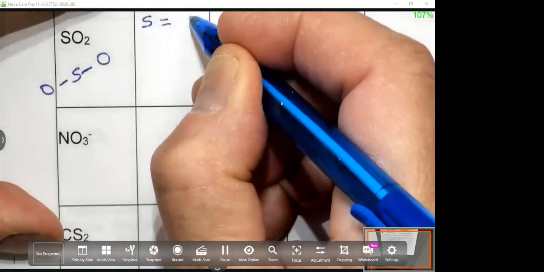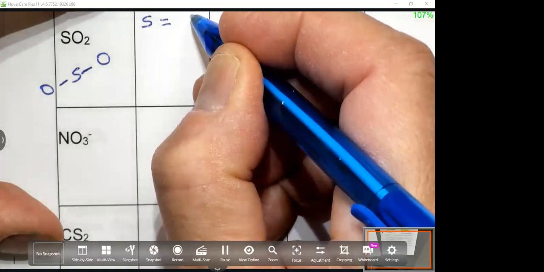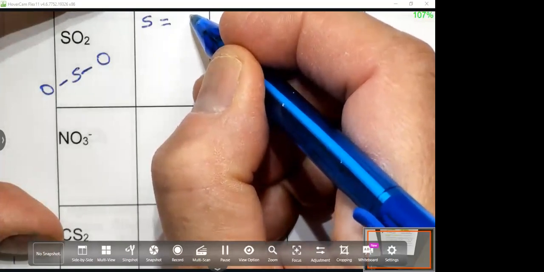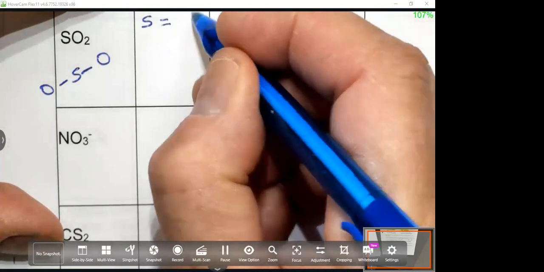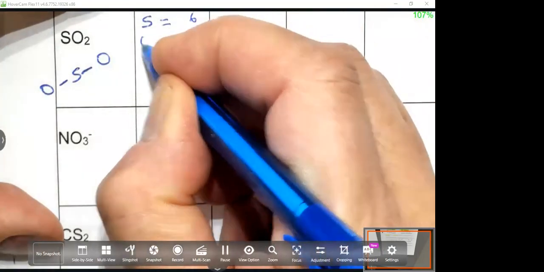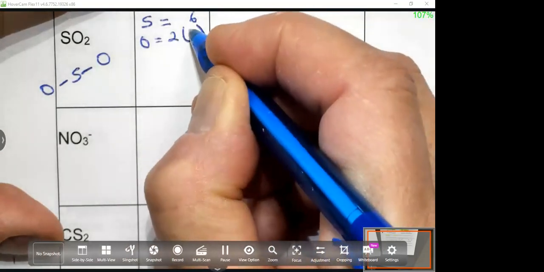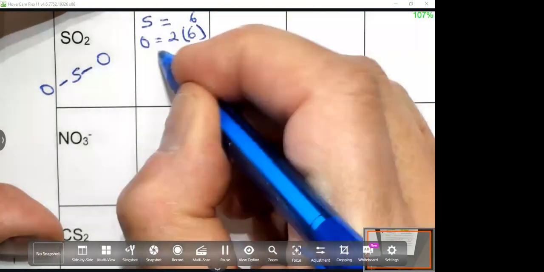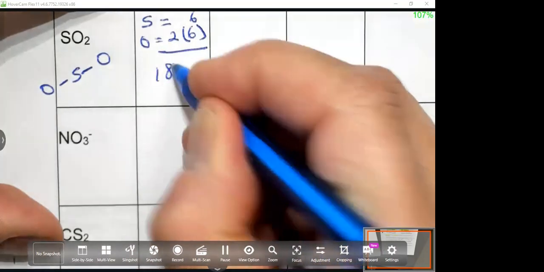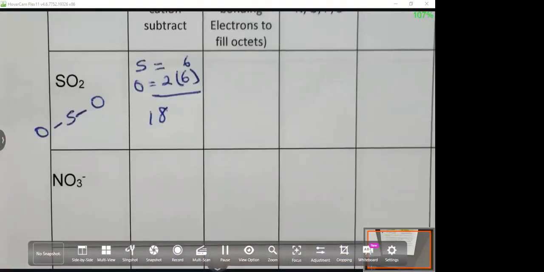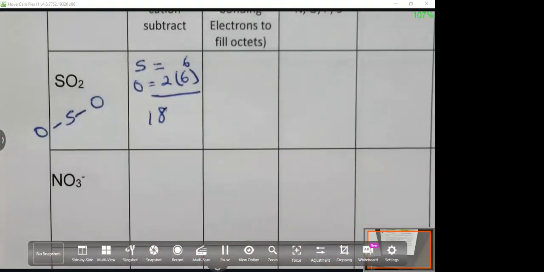What group is sulfur in? All right, 16, so we've got 6. Oxygen, what group is oxygen in? 16. So we can do 18 valence electrons.